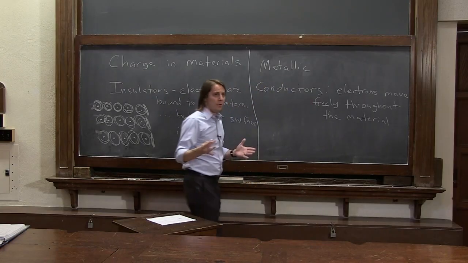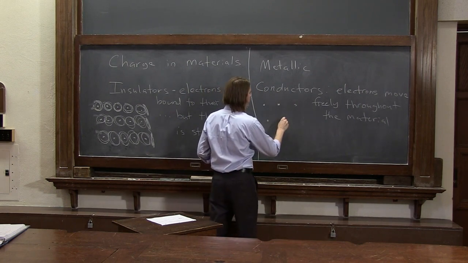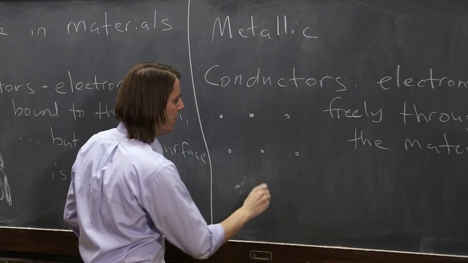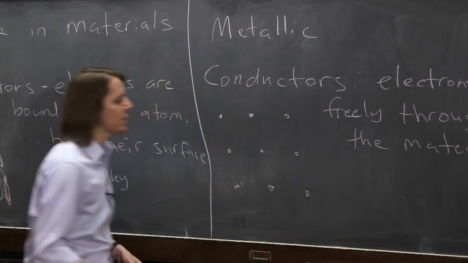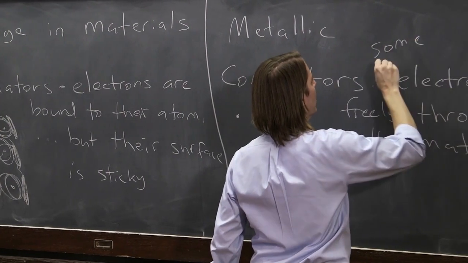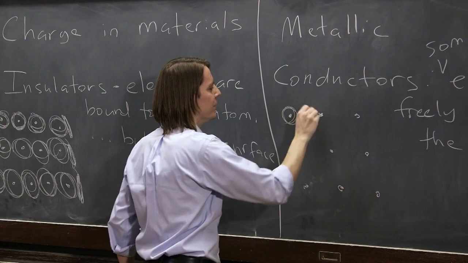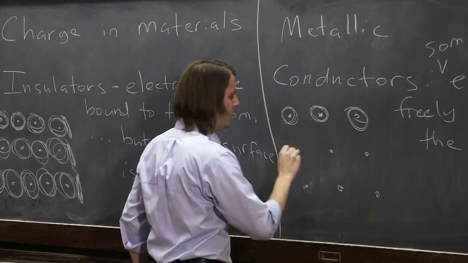Okay, so if I were to draw a metal like this, here's your atoms, like that, and I left out one word, some electrons move freely through the material. So some of the electrons are still bound, just like they were in the insulator.